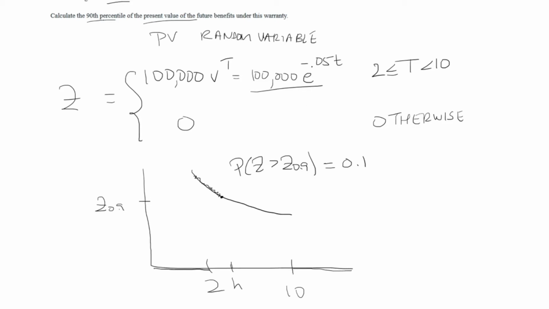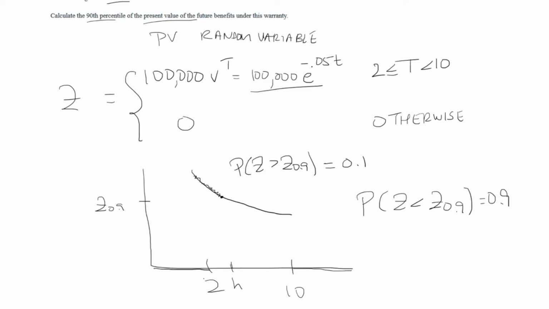We want to calculate the 90th percentile, so think of this as the CDF, not the survival. The probability Z is greater than z of 0.9, think of that like a survival. It's the complement of the CDF. If we were to actually find the CDF, it'd be the probability Z is less than z of 0.9, which is going to be 0.9.